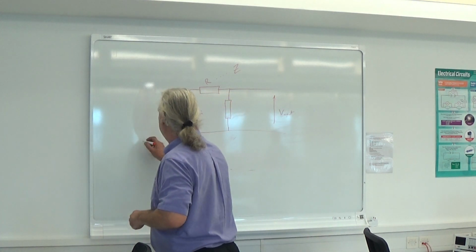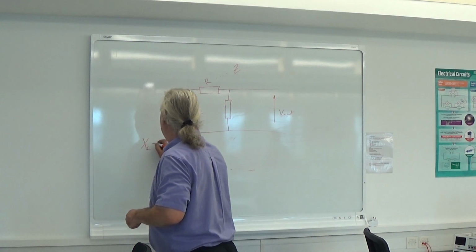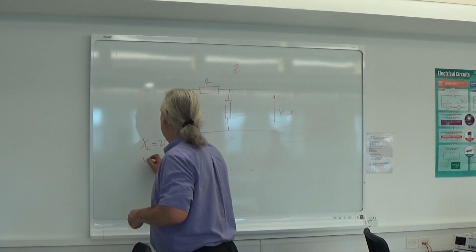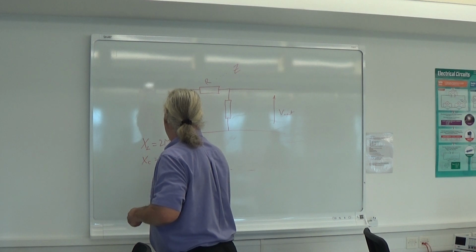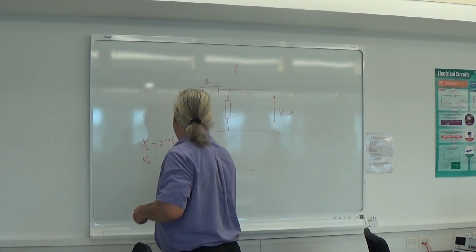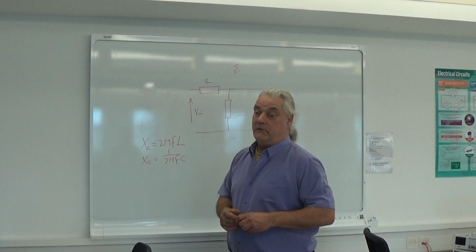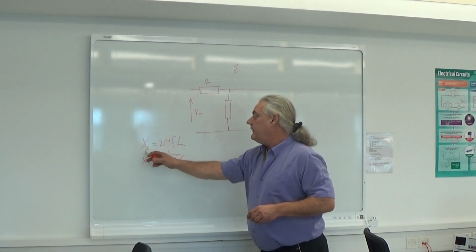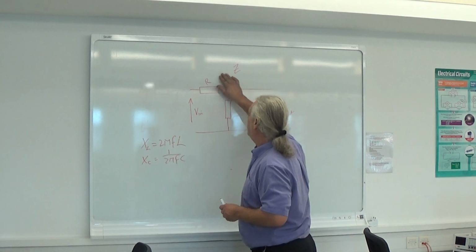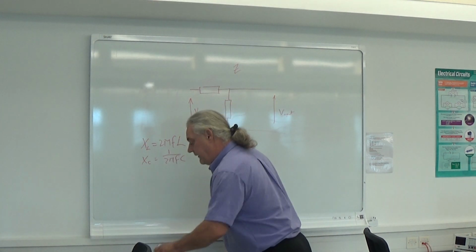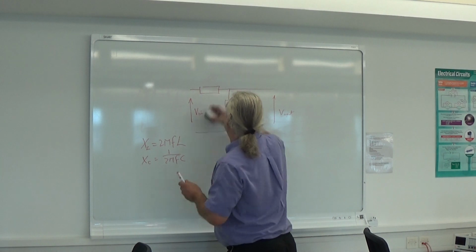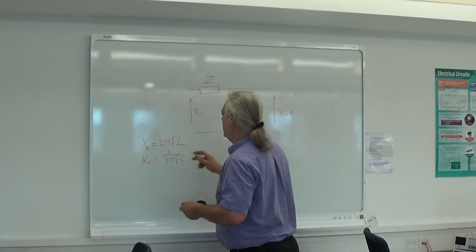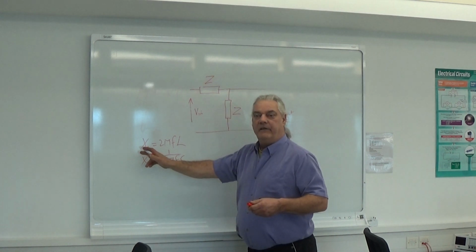Now you may have come across the equations XL equals 2 pi FL and XC equals 1 upon 2 pi FC. If you haven't, it doesn't matter. But what that's telling us is we've got a way of calculating, if we now say that that's not R but it's Z, the impedances.